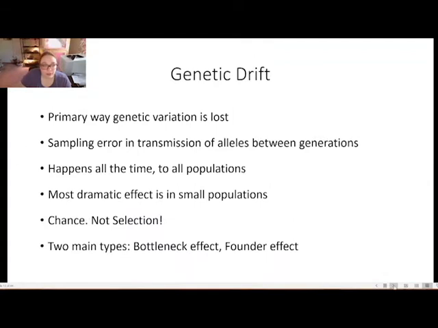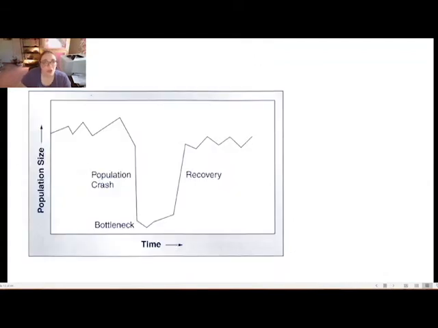So, one way that genetic drift can happen is through a bottleneck effect. And a genetic bottleneck occurs when there's a drastic decrease in the population size over a relatively short period.